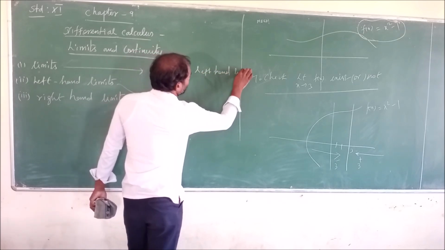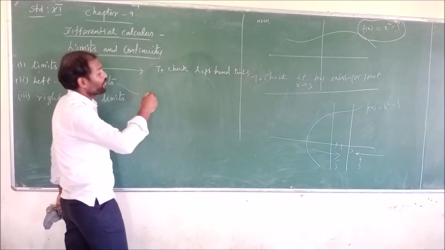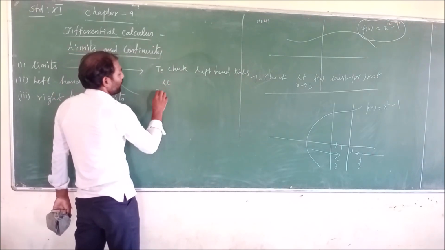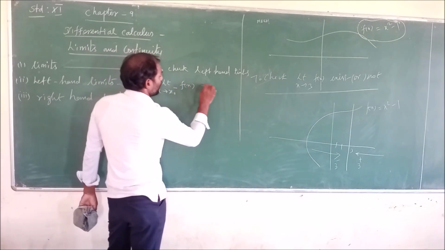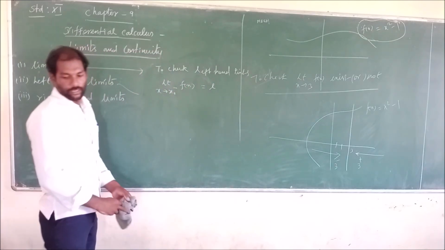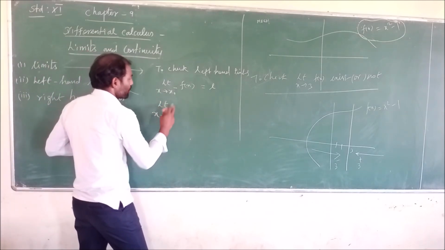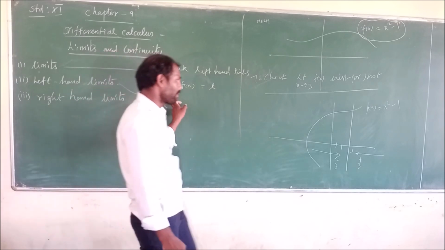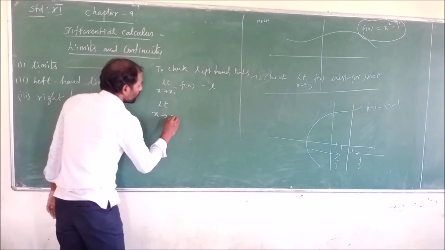Left-hand limit. The basic definition for the left-hand limit is the limit as x tends to x naught minus of f of x equal to some L. What is x naught? X naught is 3. So the given point is 3.